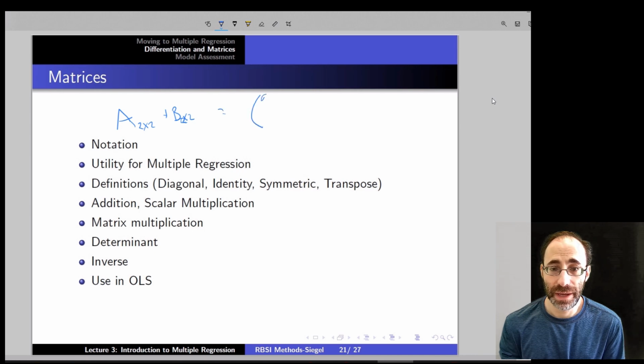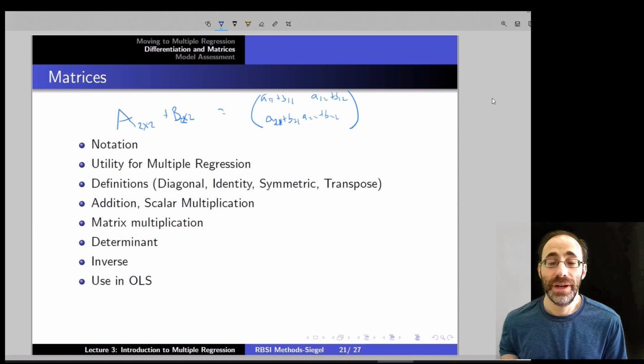So this would be A11 plus B11, and A22 plus B22, and A21 plus B21, and A12 plus B12. That's how you add matrices. It's element by element. If you don't have matrices with equal numbers of elements, you can't add them.